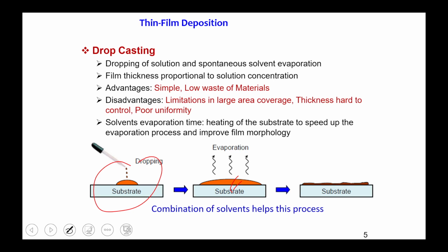If we use PDMS or PVT or some organic materials, or inorganic materials like ZnO, magnesium oxide, or some 2D materials, we make a solution of that material in acetone, IPA (isopropyl alcohol), toluene or ethanol, whichever is best soluble as per the material properties. Then we put it on the hot plate and evaporate the liquid, the acetone or IPA, and only the dry layer will remain on the substrate.